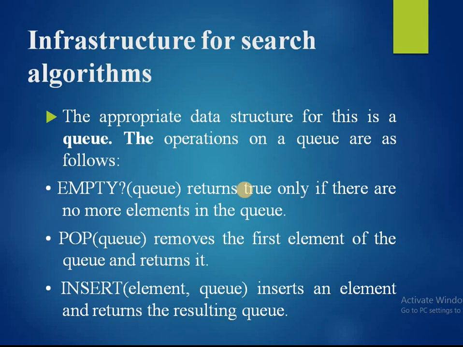The operations on a queue are as follows. Empty returns true only if there are no more elements in the queue. Pop removes the first element of the queue and returns it. Insert, element, queue, inserts an element and returns the resulting queue.